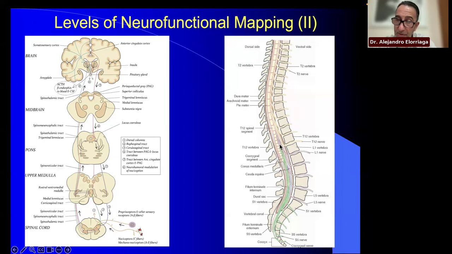So even though the spinal nerve, let's say L5, exits the spinal cord at the level of T12, that nerve has to go down 5 levels to exit at the corresponding foramen between L5 and S1. So you can modulate L5 nerve activity at the L5 vertebral level, but also at the T12 vertebral level.